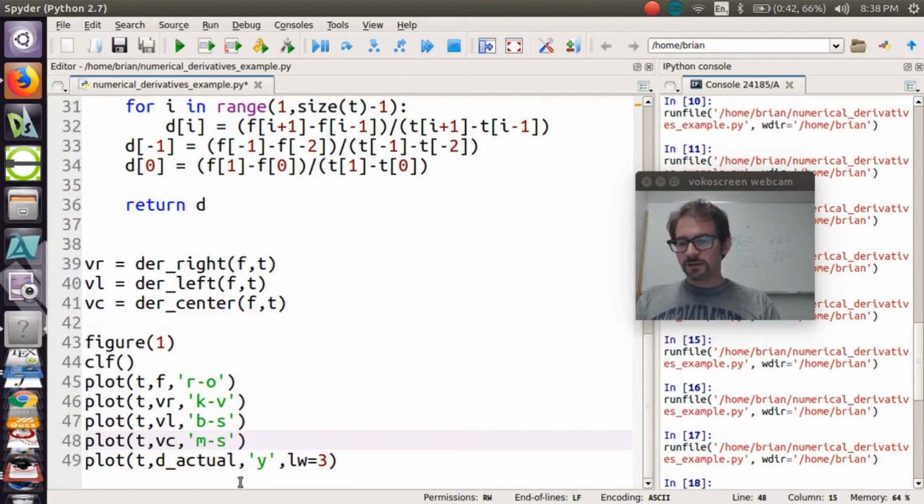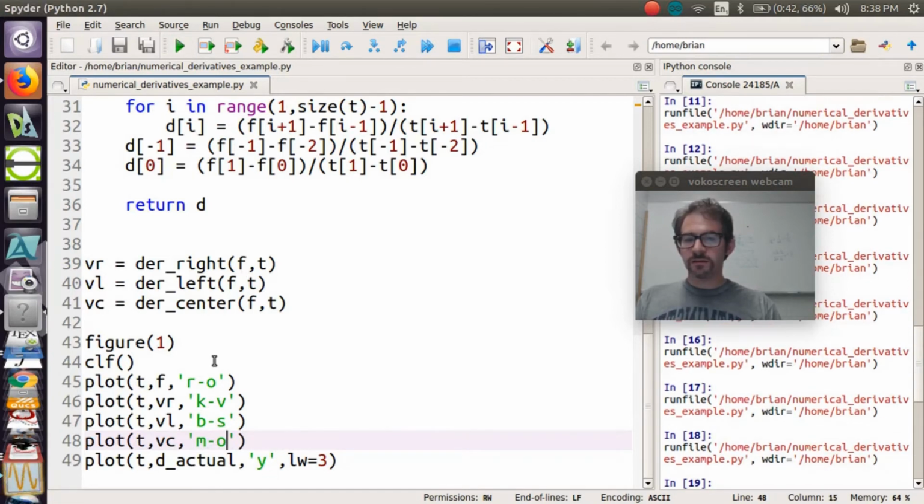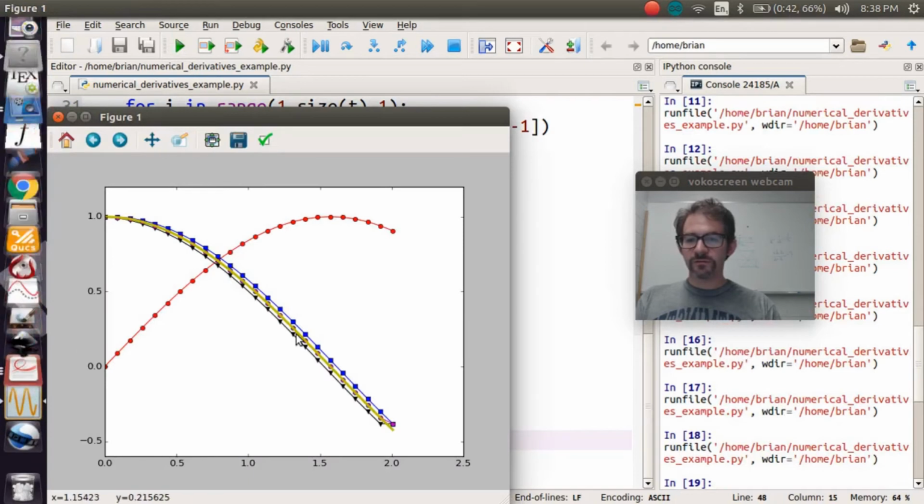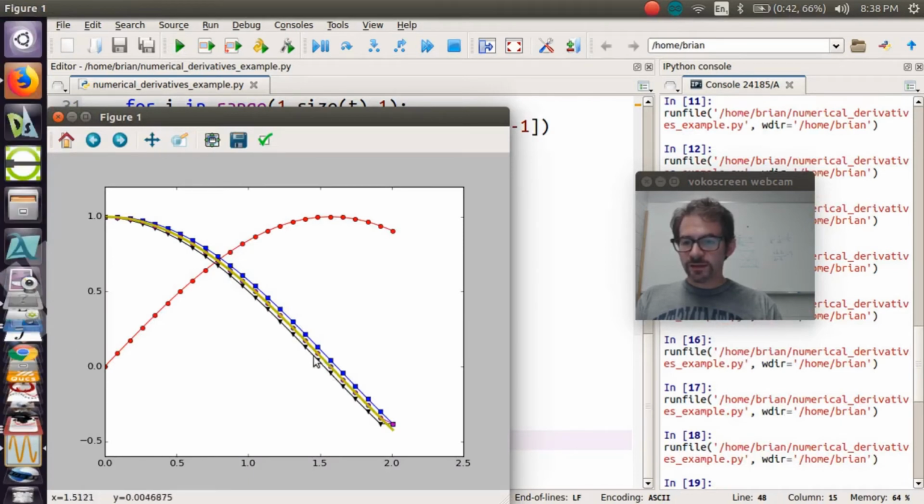Let's make this magenta, and we'll use squares. Maybe we'll go back to circles. And so our magenta should be very close to our yellow, much closer than the other numerical derivatives. And I see that those magenta circles there, they're lying right on top of the yellow.